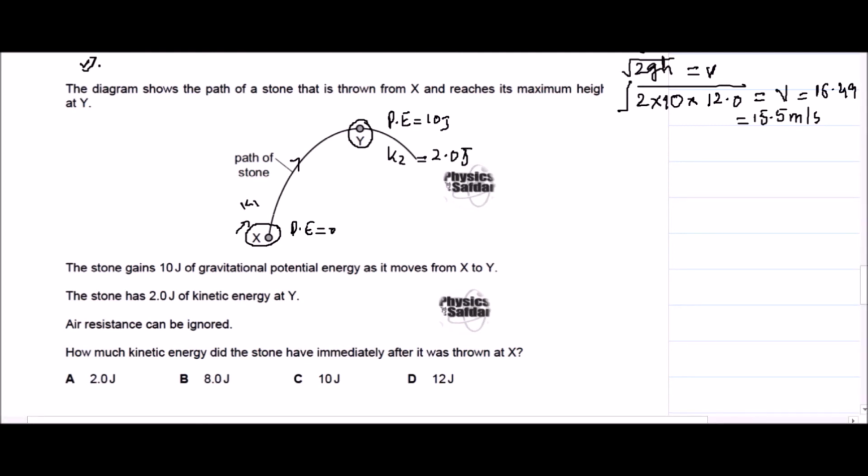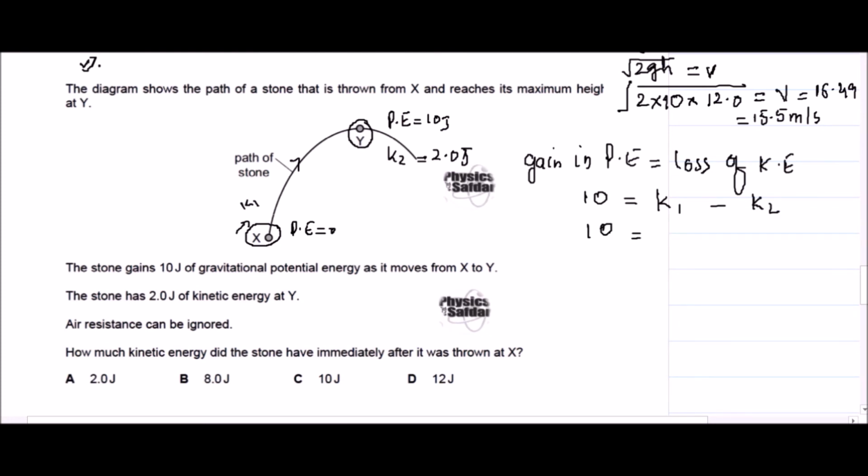So for this situation we can write: gain in potential energy is equal to loss of kinetic energy. Here the gain of potential energy is 10 joules, K1 and finally K2. Now substitute the numbers.